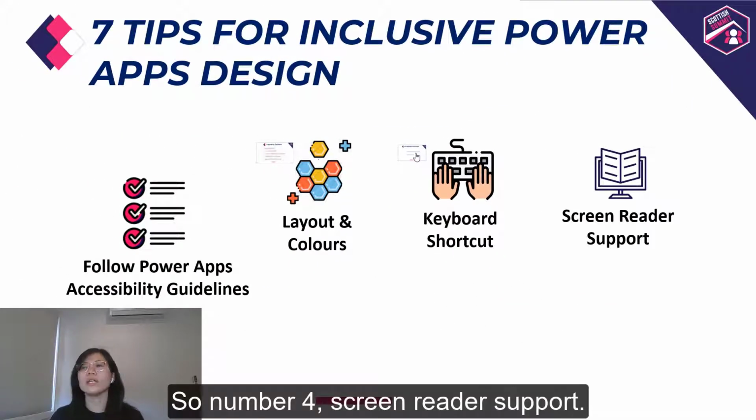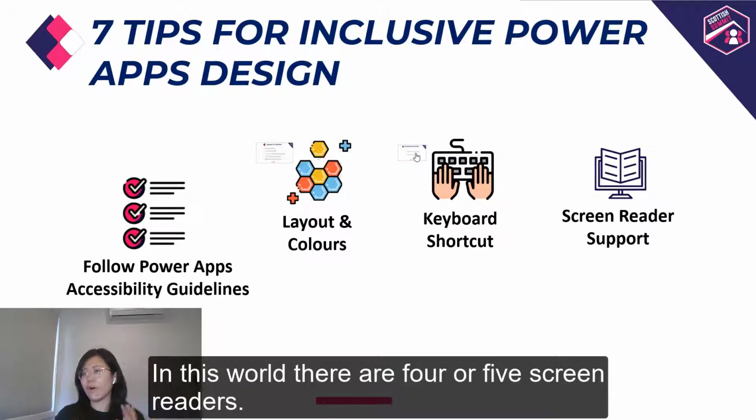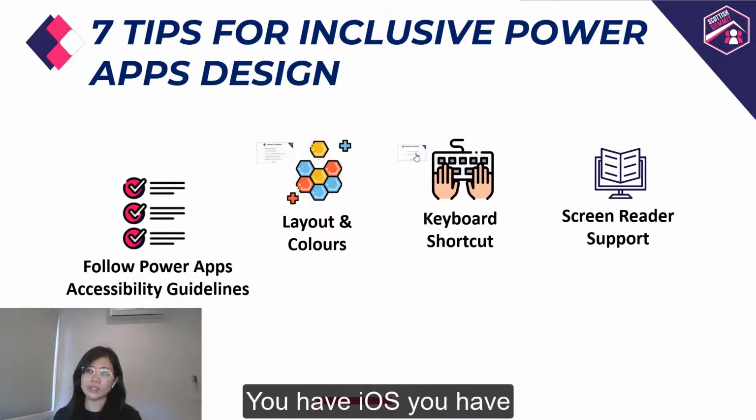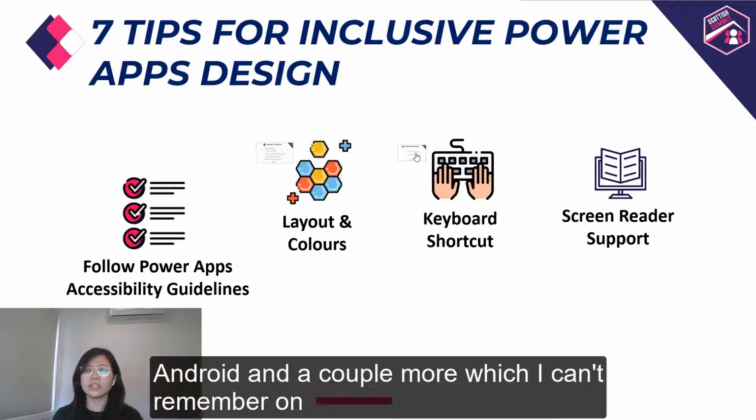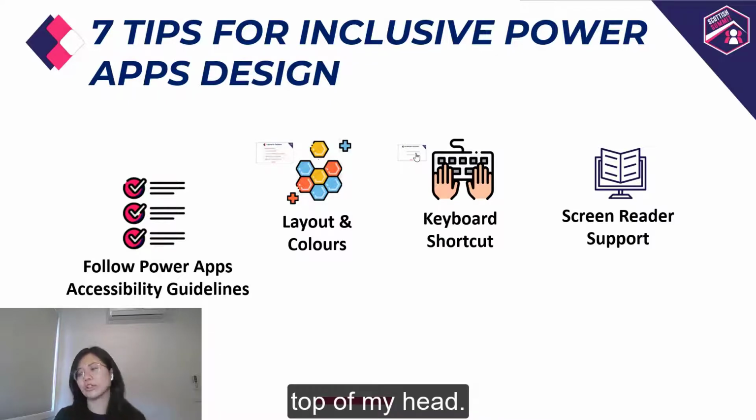So number 4, screen reader support. In this world, there are 4 or 5 screen readers. You have VoiceOver on iOS, Narrator in Windows, TalkBack in Android, and a couple more which I can't remember off the top of my head.